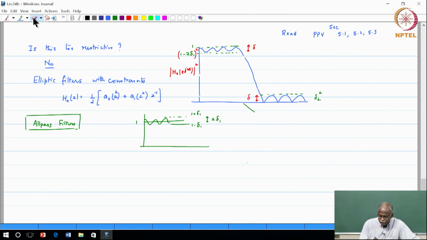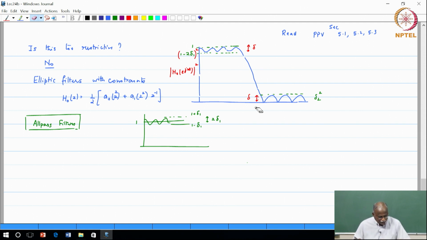So what you are trying to force your elliptic filter to have is the following constraint, that the ripple for the squared response, the ripple in the pass band and the ripple in the stop band, are the same. Again, these are design constraints that can be implemented, not restrictive in any way. In a minute you will see why we are going through this exercise.